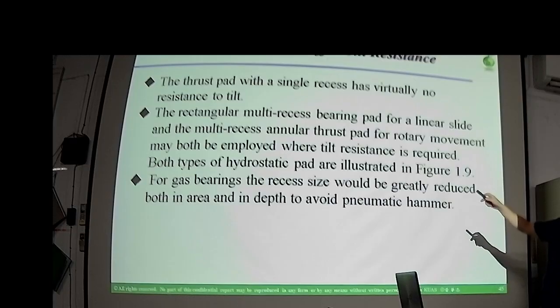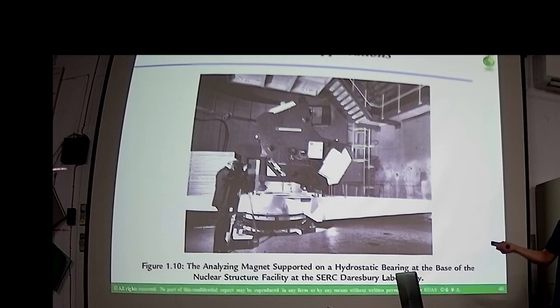And this idea for the multi-recess design applies to the aerostatic bearing as well. Okay, so which means that the multi-recess design for the thrust bearing applies to the hydrostatic bearing and the air bearing. Okay. 所以这个设计的方式是，不管是静压还是气静压都是一样。So this is another example for the nuclear structure facility.